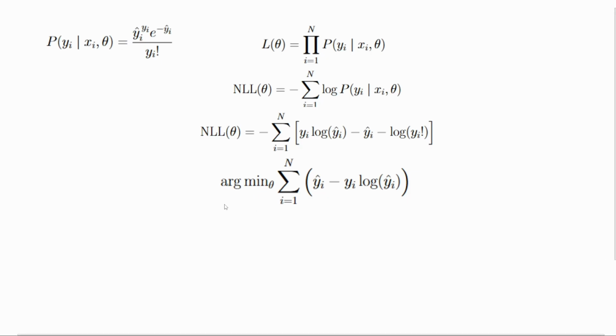You might have seen this before, but this one is less common. This is the Poisson loss. This is the loss you reach for predicting things like website visits or disease case counts or number of purchases, anywhere where the output is a non-negative integer.